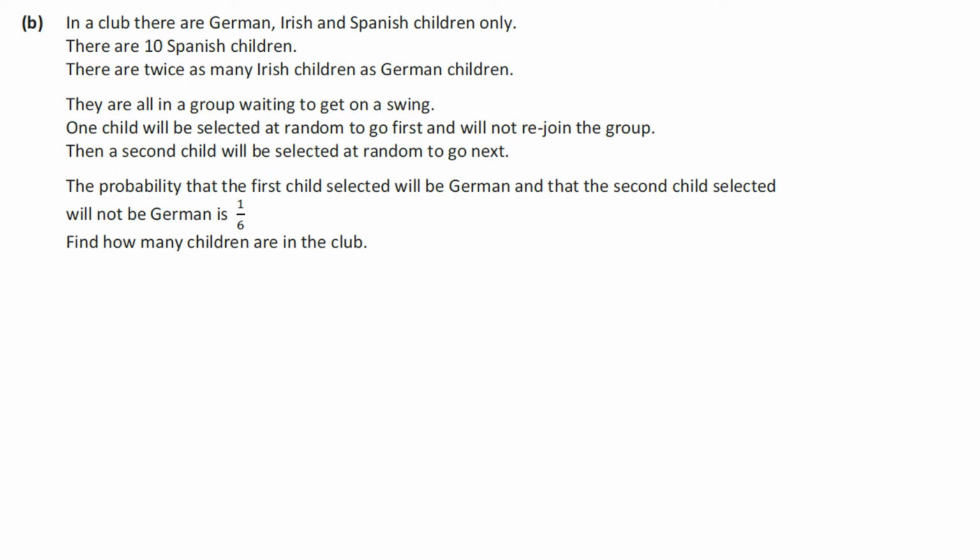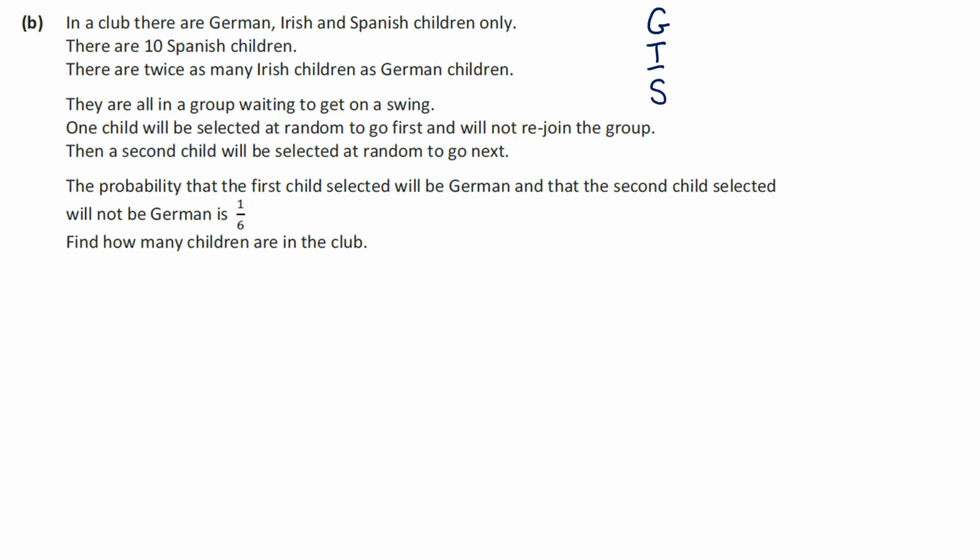So part B: in a club there are German, Irish and Spanish children only. There are 10 Spanish children. So we have 3 different sets of students. What I would do at this point is set these up as German, Irish and Spanish.